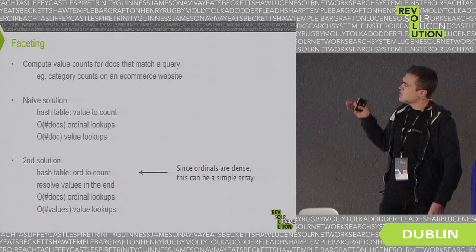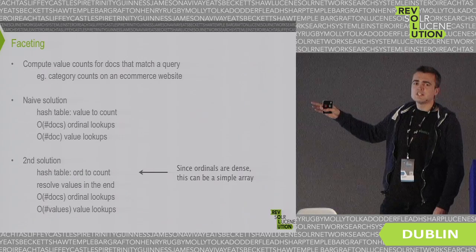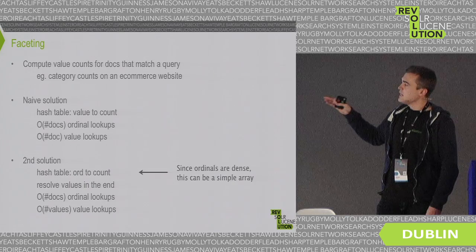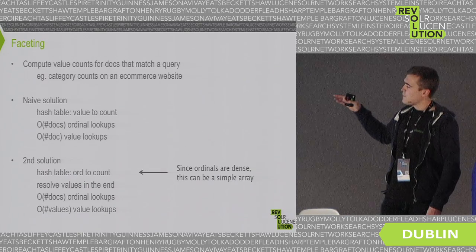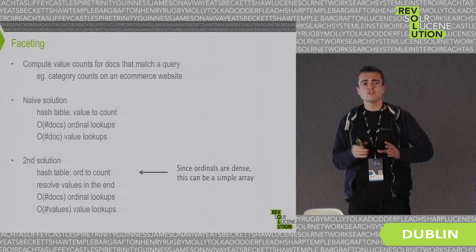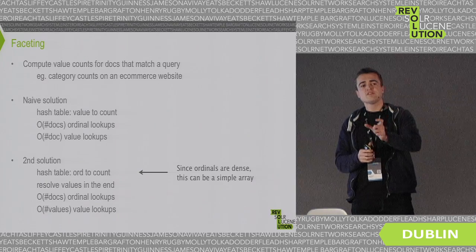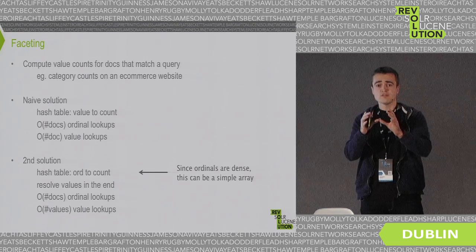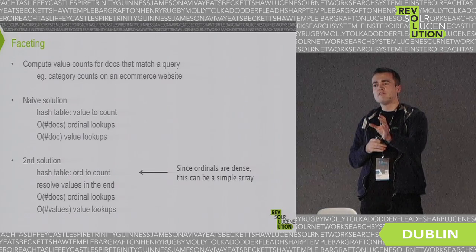This time we are still going to use a hash table to aggregate counts, but we are going to map ordinals to counts instead of values. This is a benefit because for every document, instead of getting first the ordinals and then the values, we are only going to get the ordinals, and we are going to resolve values in the end.